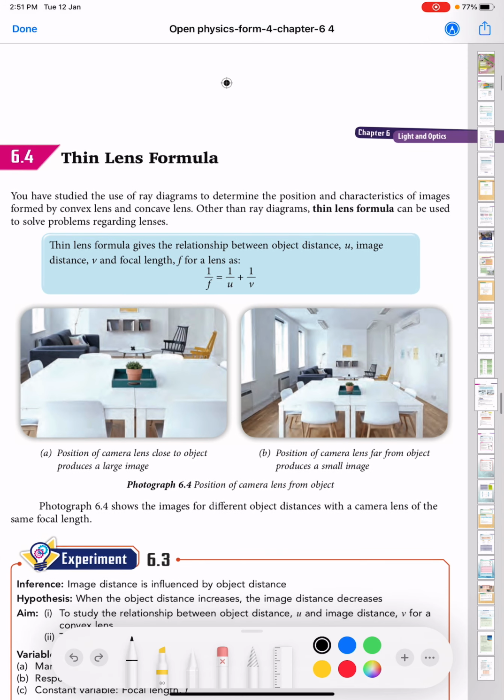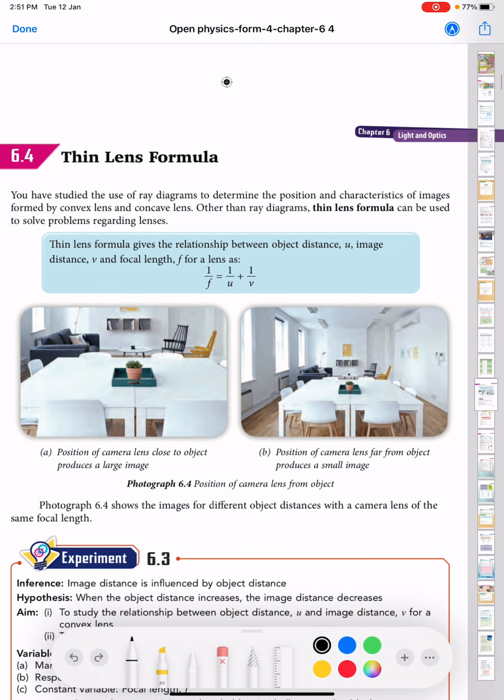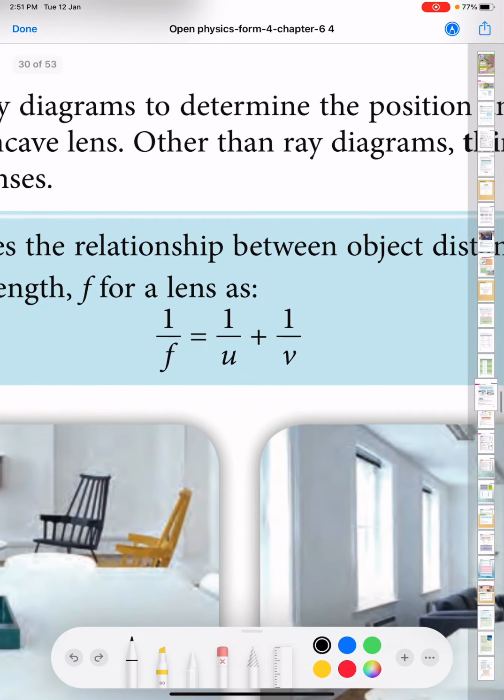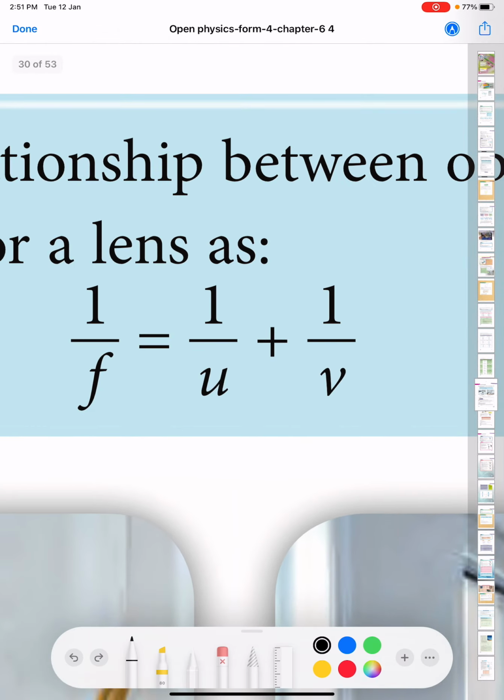The thin lens formula, as you can see, is 1 over f equals 1 over u plus 1 over v. So f, u, v is not something new. It actually represents the same meaning as we learned in the previous video. f stands for focal length.